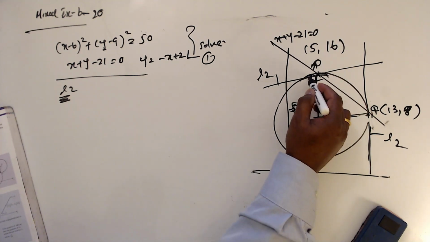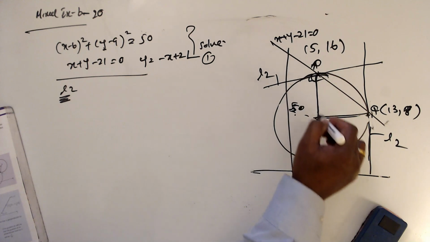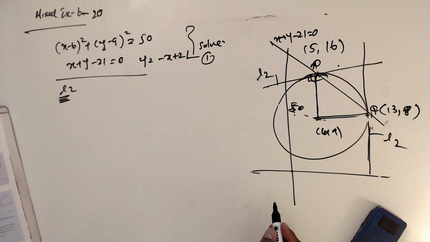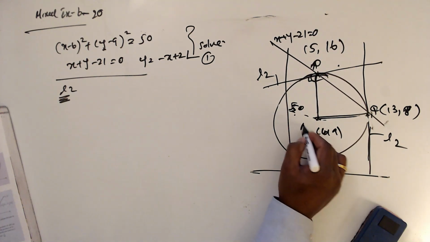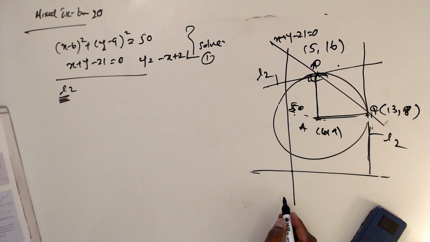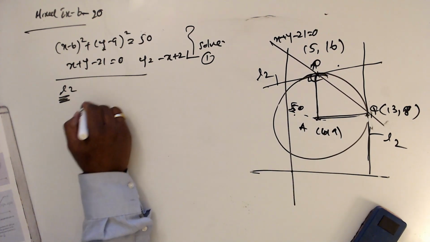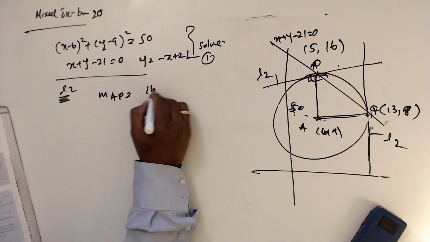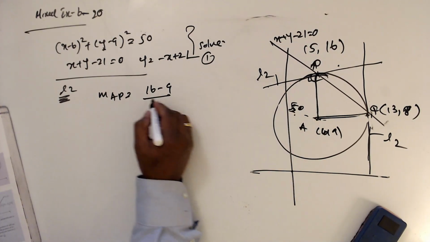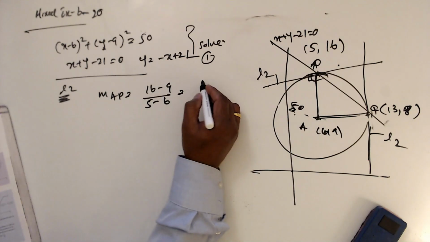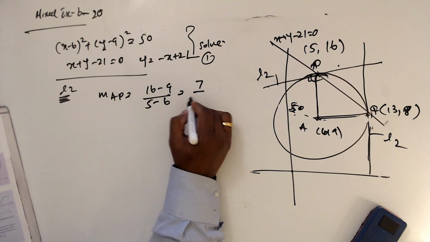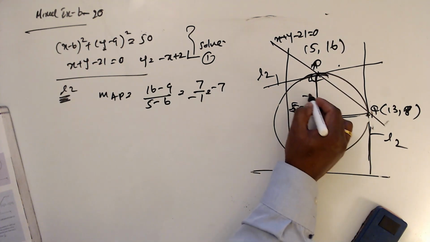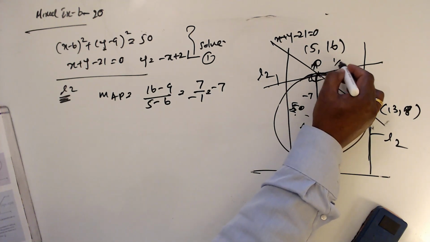Since this is perpendicular to AP, if I know the AP gradient, I can find it. The gradient of AP is (16 minus 9) divided by (5 minus 6), which is 7 over minus 1, that is minus 7.